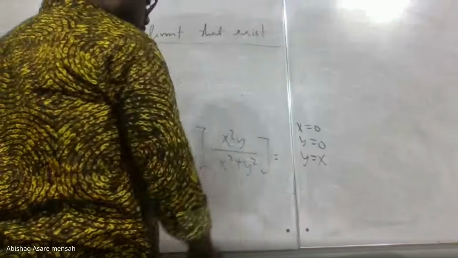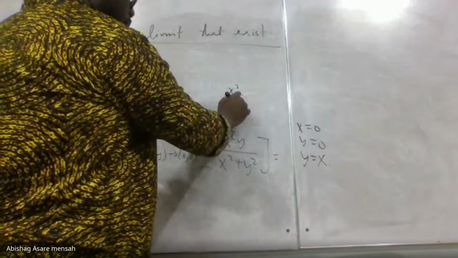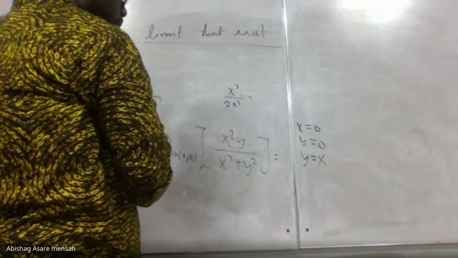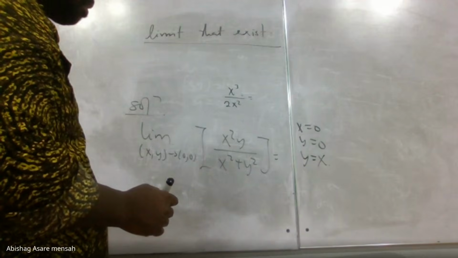If y is equal to x, this one will be x squared plus x squared, right? Yes. Then we have 2x squared. Okay, I made a mistake. You get it now? Yeah, I got it now. So it will be x over 2.